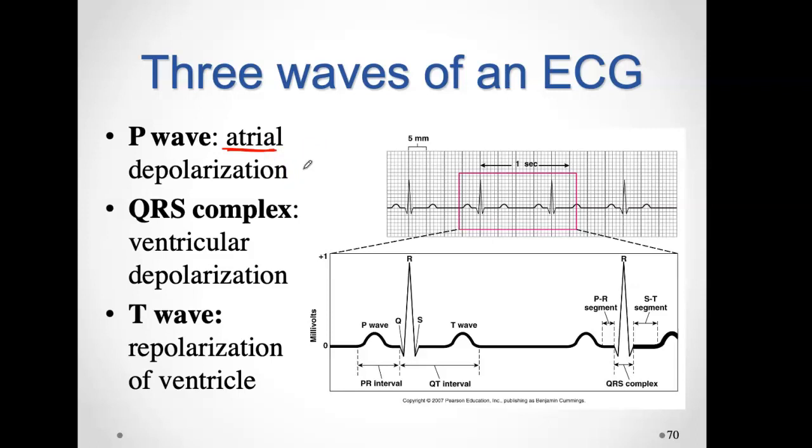That's going to show a difference of electrical activity in part A to part B of the heart, so it's going to show that wave. The QRS complex is ventricular depolarization. So now it's the ventricle that's depolarizing. And it's a much bigger wave, as you see, because its mass is larger. And the last one, the T wave here, is the repolarization of the ventricle.